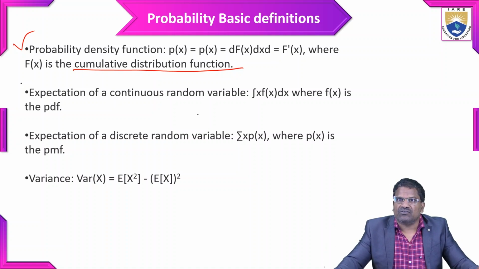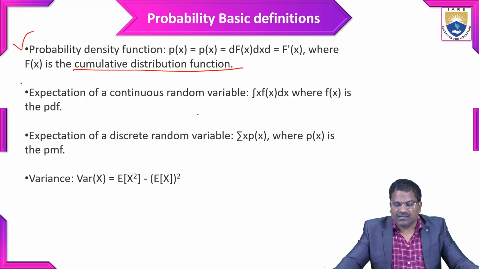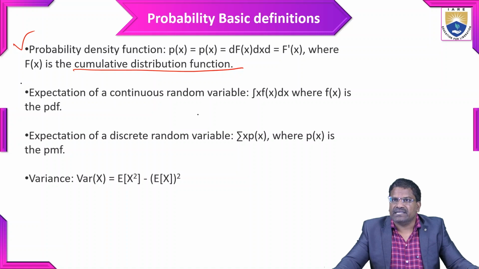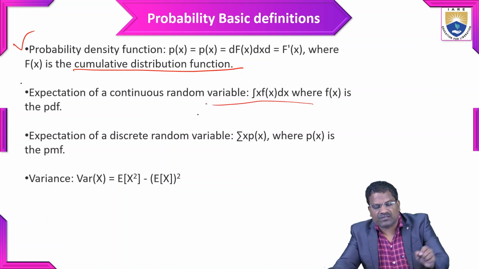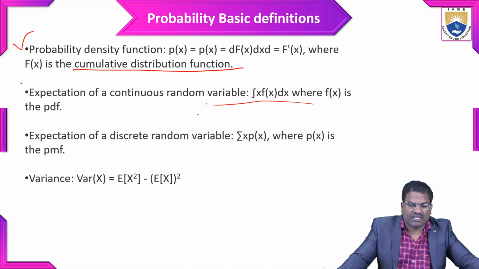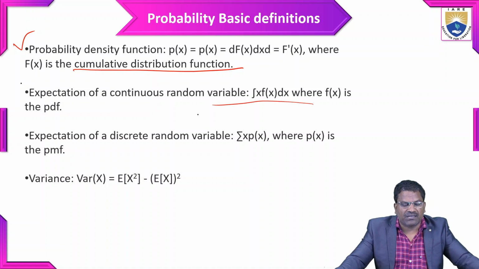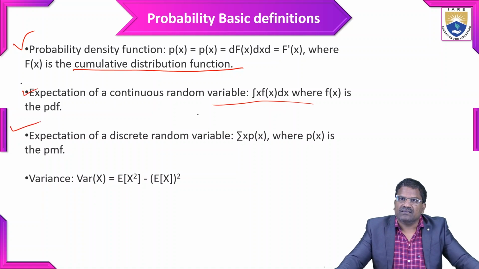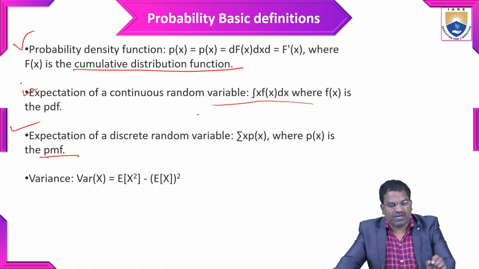Now let us define expectation of a continuous random variable. Integral x into f of x dx, where f of x is the probability density function, is known as expectation of a continuous random variable. Next, expectation of a discrete random variable is sigma x into P of x, where P of x is the probability mass function.